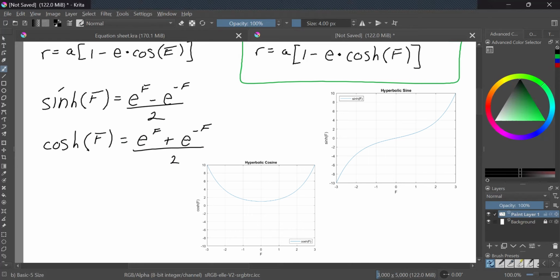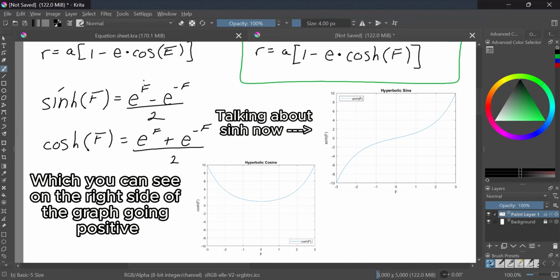when our f value is positive for the hyperbolic sine, we have a positive value, because this goes to 0, while the first term continues to grow to an increasingly large value. So it becomes positive dominant.